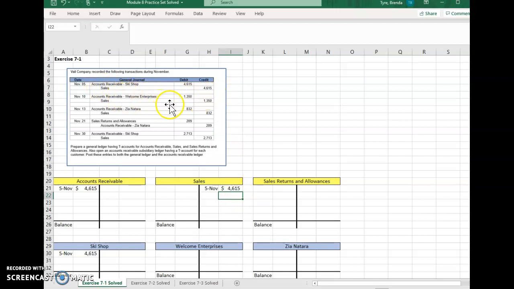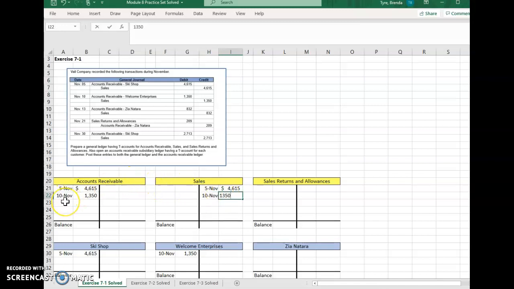Next, we have accounts receivable, Welcome Enterprises. That is a debit on November 10th for $13.50. We go to Welcome Enterprises on November 10th and put in a debit for $13.50. And then we have to remember to go to sales and put in our credit for $13.50.